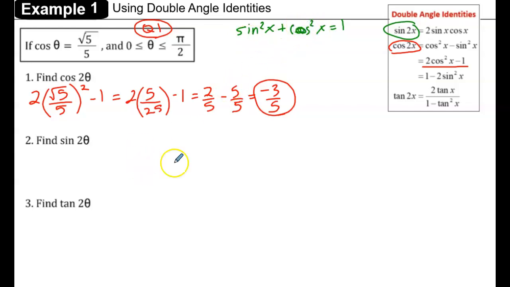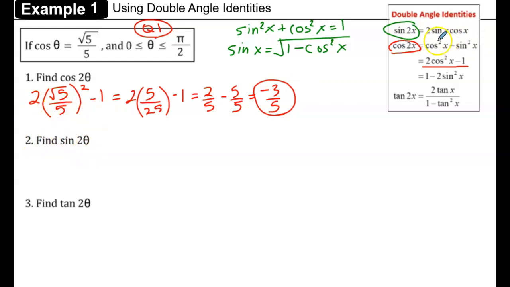And since x is our angle in quadrant 1, we know that when we square root both sides, instead of a plus or minus, we're just going to have a positive. So the sine of the angle is equal to the positive square root of 1 minus the cosine squared of the angle.